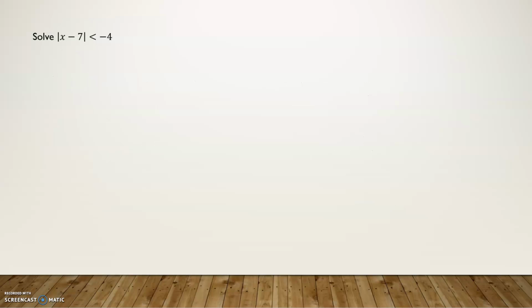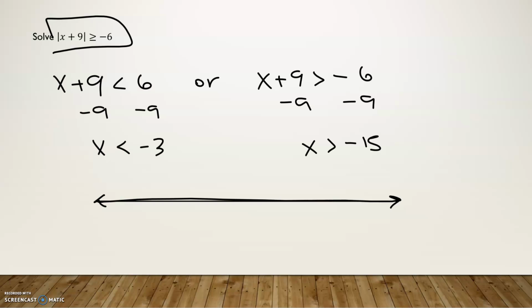Okay, now let's look at this one right here. Actually, let me go back here, and there's actually an easier way if you catch it. Once you've got your absolute value isolated, okay, absolute value is always positive. So we're saying that we've got a positive greater than or equal to a negative. Now, when is a positive greater than a negative? Well, that's always true, okay?